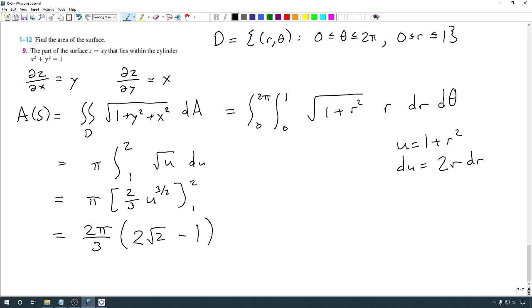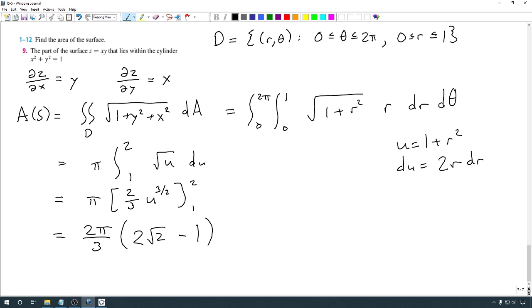Working with the formula for surface area is really not all that complicated. In a lot of these problems, it was just how do you set up the domain, and that's stuff that we've been working with for the last few sections. And they're not going to give you anything that you can't actually integrate.